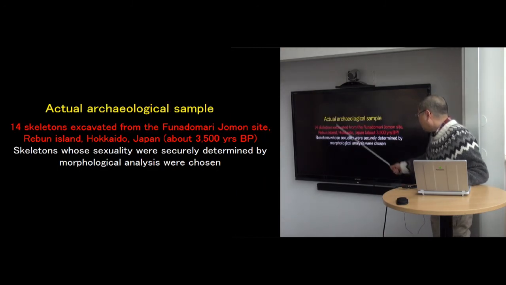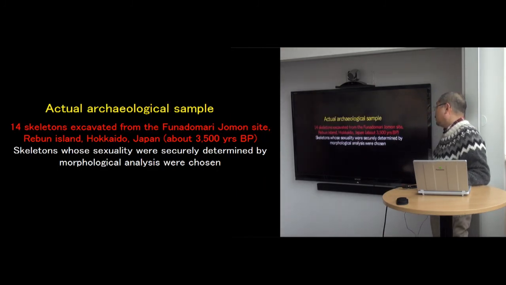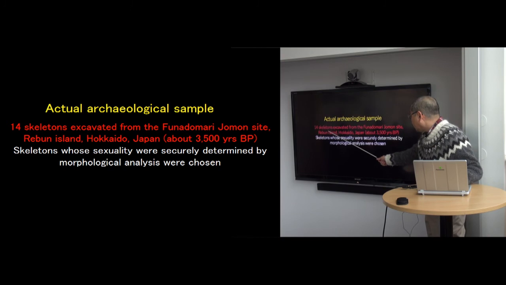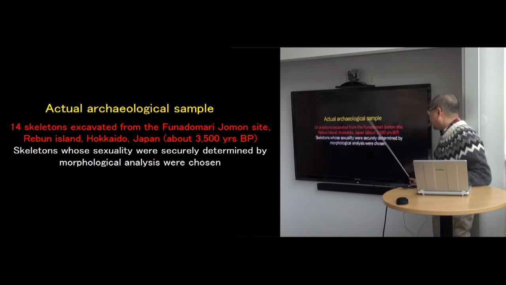And finally, I'd like to show you the results using actual archaeological specimens: 14 skeletons excavated from the Funadomari Jomon site. This island is located in the northernmost part of Japan, where Hokkaido University and other joint university teams are conducting excavation every year.